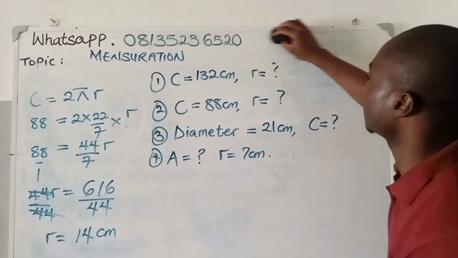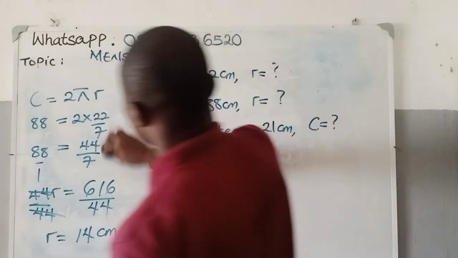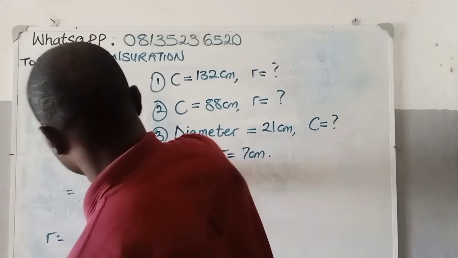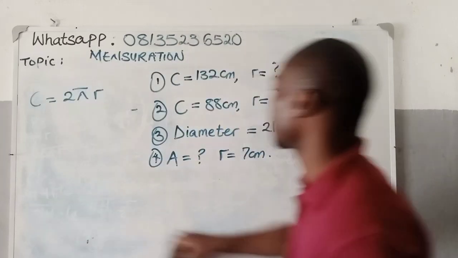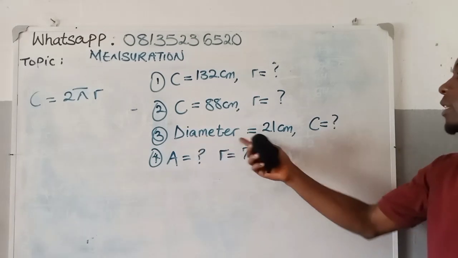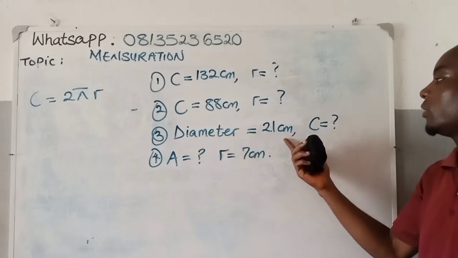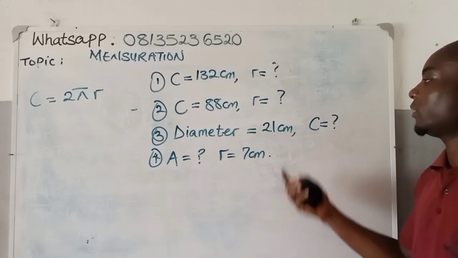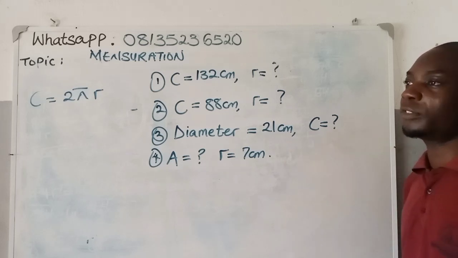All right. So let's see the third question. For the third question, we are given the diameter. The diameter is given as 21 centimeters and our circumference is unknown.